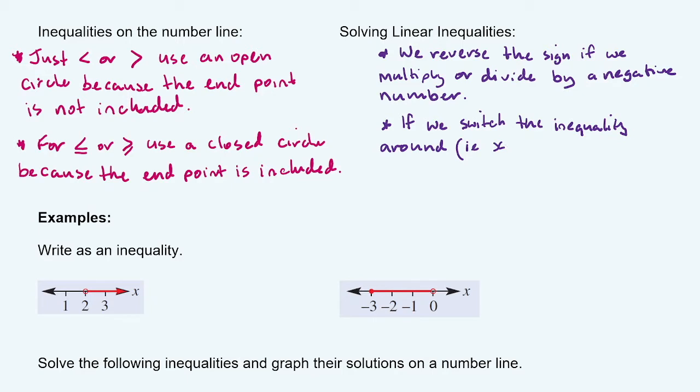So if we have minus 5 is less than or equal to, less than minus 3, we change it around so we want the number that is greater to be first.